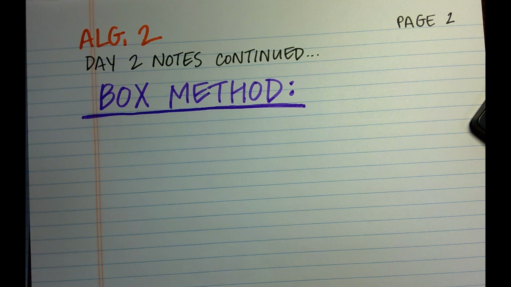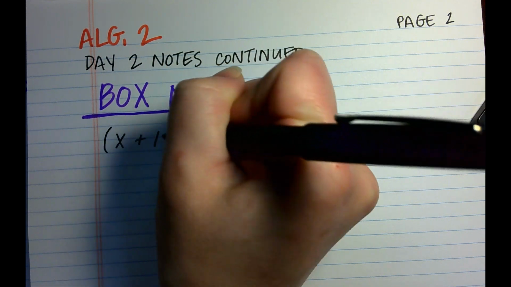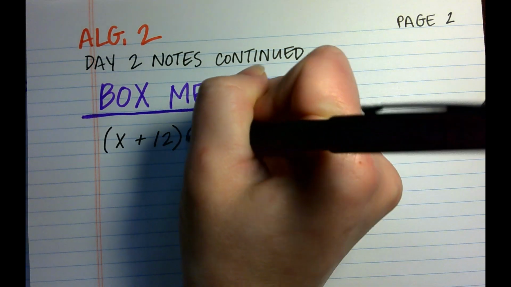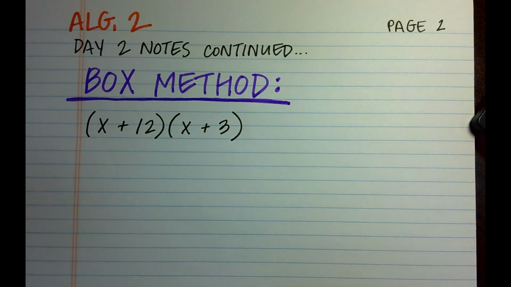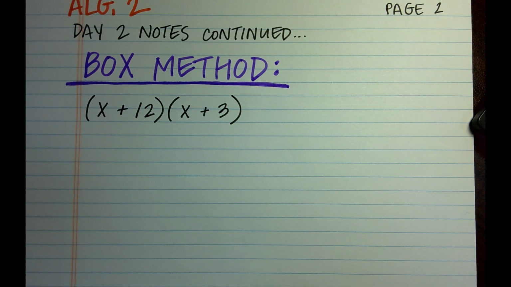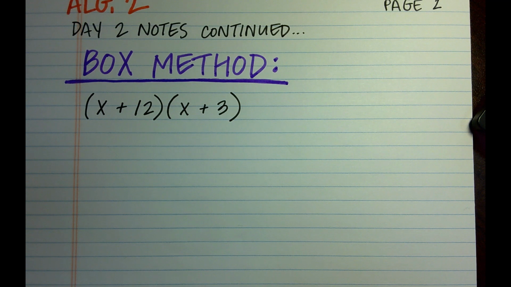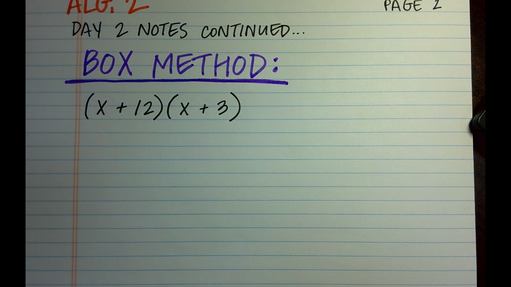So with the box method, let's look at the same problem that we did second on the last page. We had x plus 12 times x plus 3. And for the box method, it's going to be exactly what it sounds like. We're going to draw a nice little box, and it needs to have 4 quadrants in it.